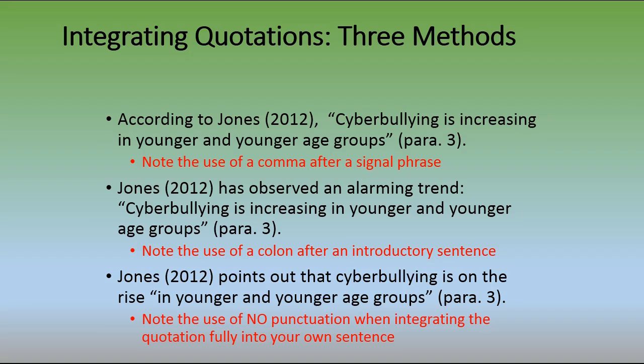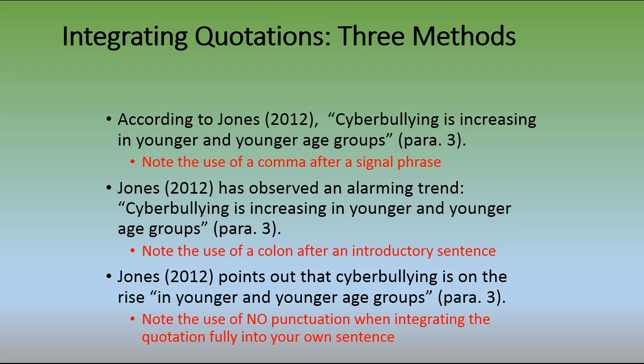In the second example, Jones, 2012, has observed an alarming trend: "Cyberbullying is increasing in younger and younger age groups." Paragraph 3. This is very similar, but what we're noting here is that there's an introductory sentence that ends with the word trend.